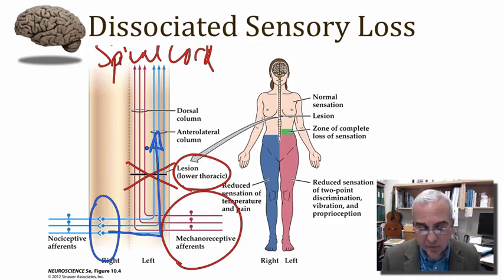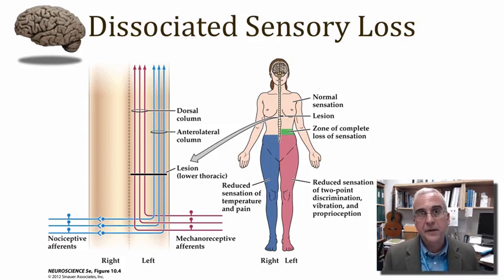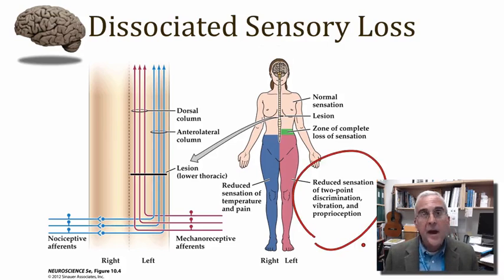So the cartoon to the right-hand side is intended to illustrate the deficits in a patient that might have suffered this kind of injury. In the lower half of the same side of the body, we would have reduced mechanosensation in these various domains of mechanosensory stimulation. On the opposite side of the body, below the level of the lesion, we would expect to see reduced sensation for pain and temperature.